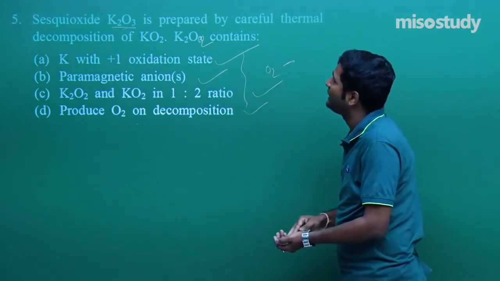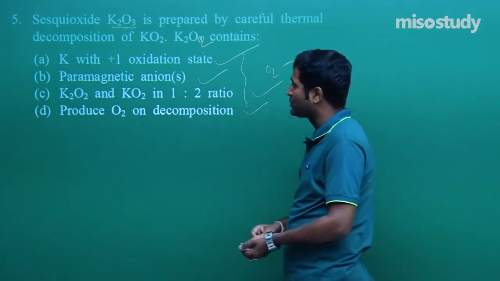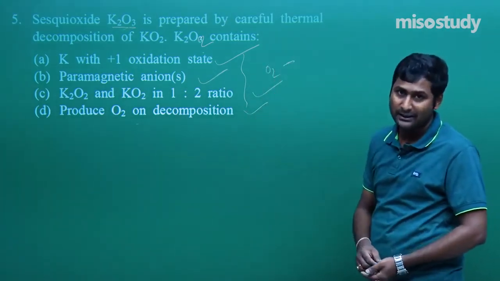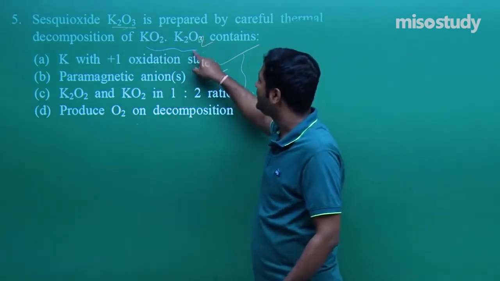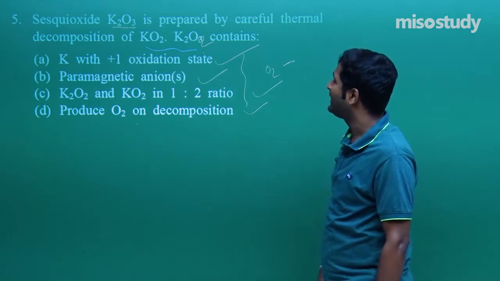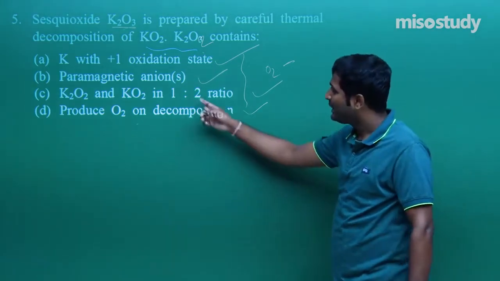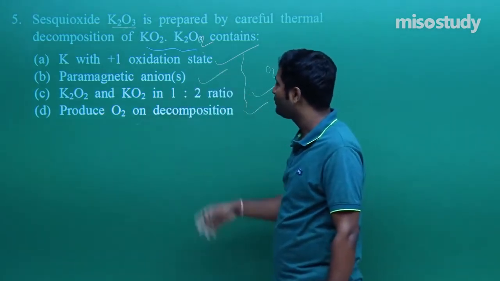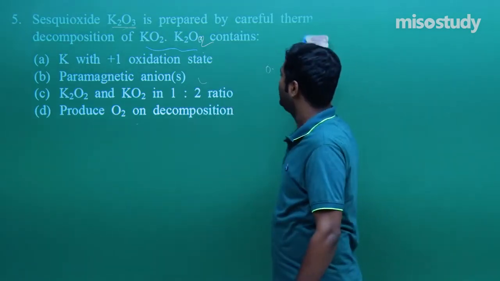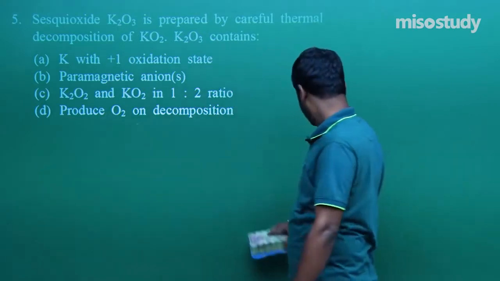This is a multiple choice question, so for this question all options are correct, A, B, C and D. Clear? And this is the ratio KO2 to K2O2, and it is in the ratio of 1:2. Clear? K2O2 is 1, so KO2 is 2, 1:2. Be careful and check it out. Now let's move to the next one.